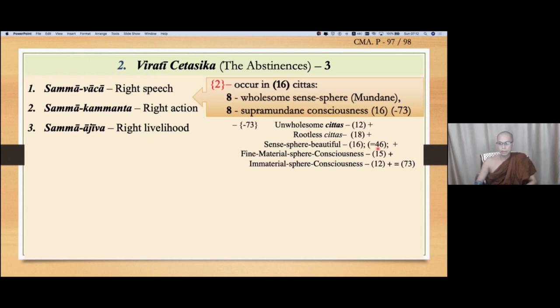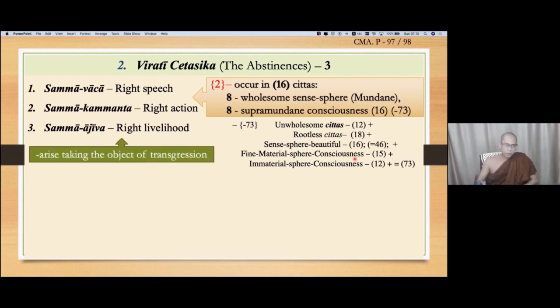So among the 54 sense-sphere consciousness, we get the 46, they cannot arise with the abstinences. And here 5 material sphere, immaterial sphere, because all the sublime consciousness cannot arise with viridity. So these are the 70, 73 dissociated consciousness.